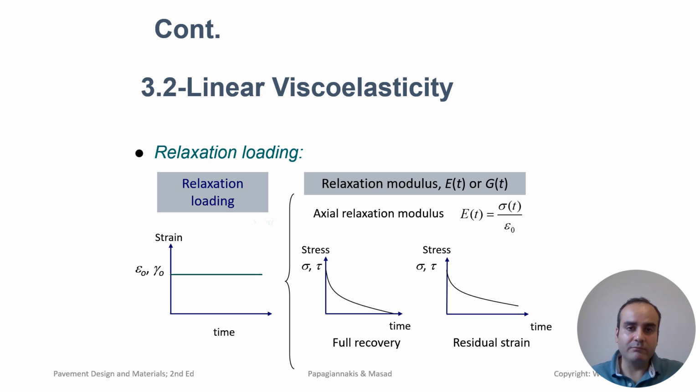In asphalt pavement, relaxation loading plays a key role, particularly under conditions where the pavement is subjected to thermal stresses or cyclic traffic loads. In terms of thermal stress relaxation, we know that asphalt pavements are exposed to significant temperature fluctuations, which cause the pavement to expand and contract.